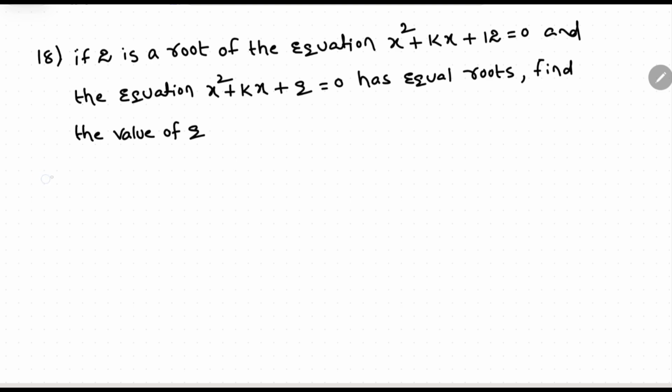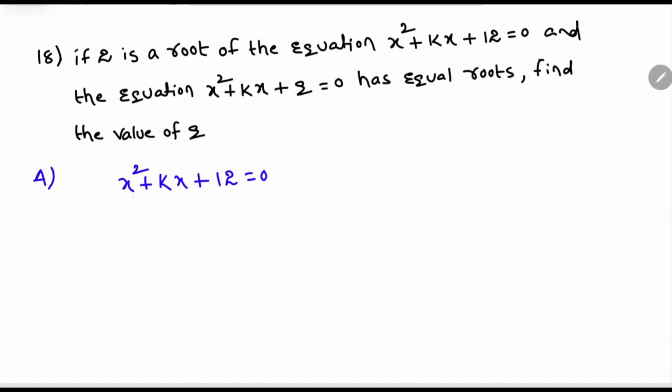two equations. Here 2 is the root of the equation x power 2 plus kx plus 12 is equal to 0. Here 2 is the root of the equation now.